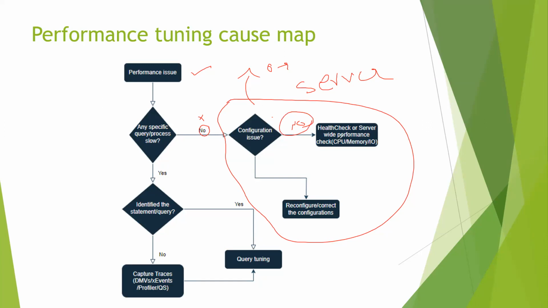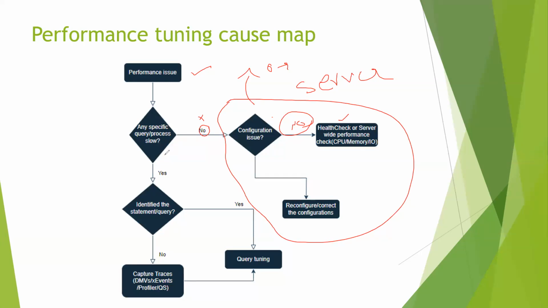If there is no configuration issue, then we'll have to check if there is any high CPU, memory, or IO, or any other server-wide bottleneck that we have, right? So we'll have to start looking at the server-wide performance issue. If there is a specific query, let's say some stored procedure is running slow, or some job is executing slow, right?